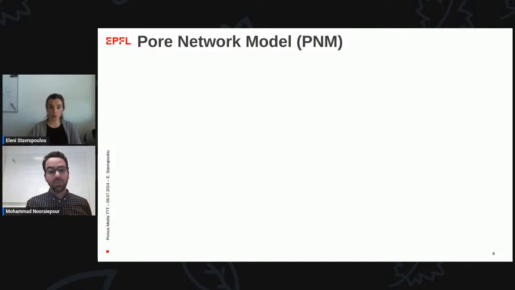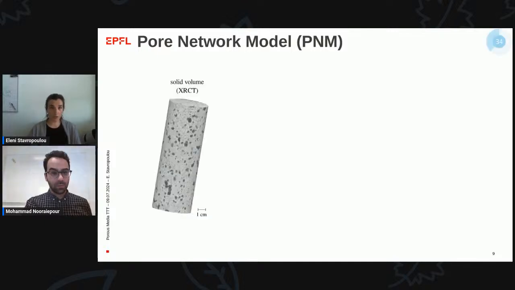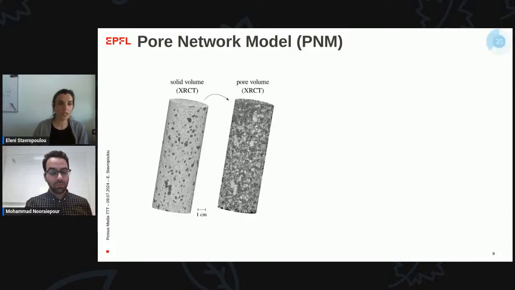We use the pore network model directly, using as input the exact information of the material we have from our X-ray images. You can see here the 3D volume of the solid: in light gray is the solid, and in dark gray is the void, the pores. From that, we can obtain the pore volume.